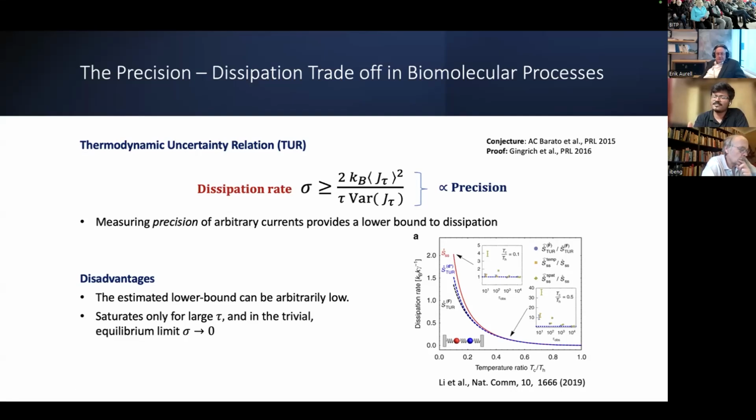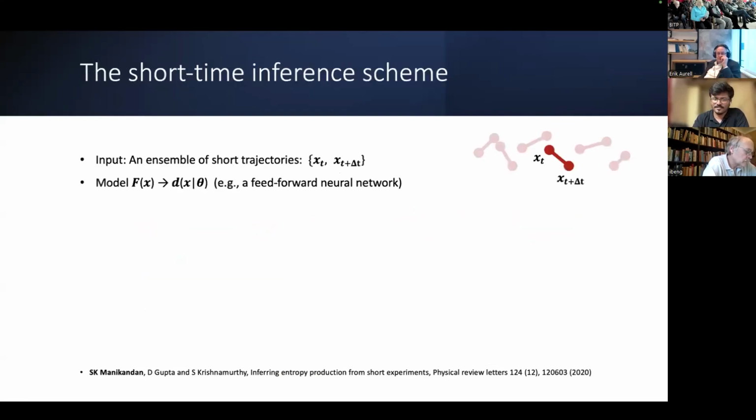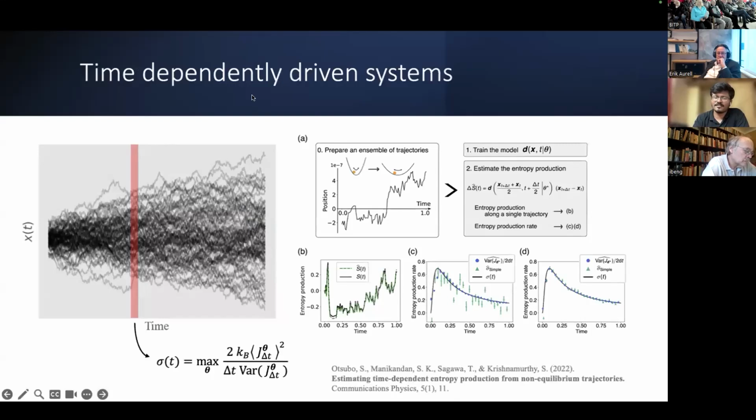The other aspect is that the process is not in a stationary state. There is an explicit time-dependent driving, like in this particular case, where you have a particle trapped with a laser, and its power is changing in time. Initially the particle is confined in a very small region. Here it's position versus time, and then it spreads out. There is an explicit time dependence, so dissipation itself is now time dependent.